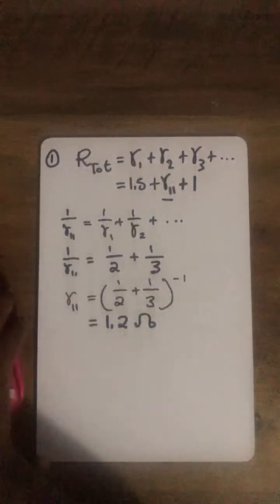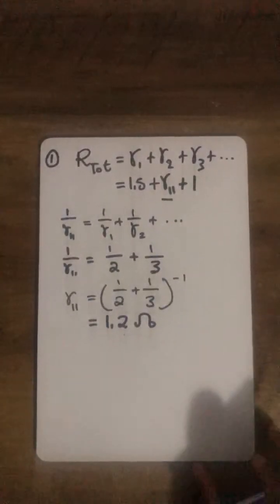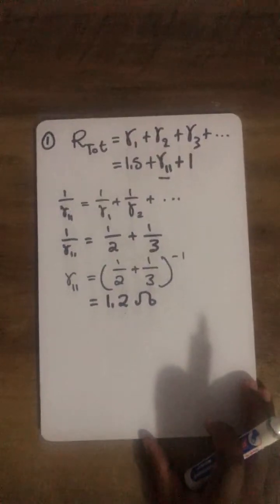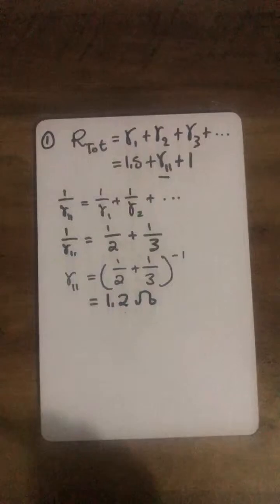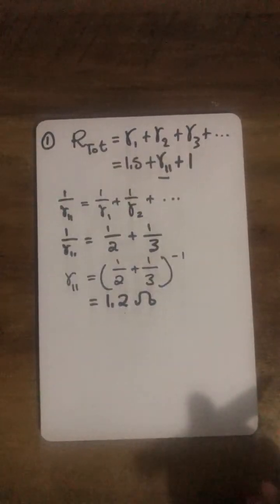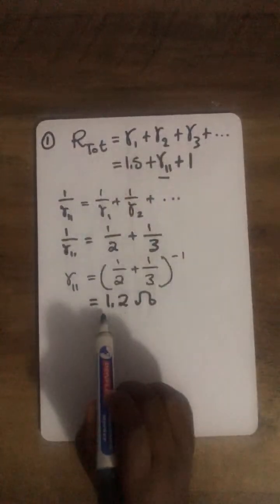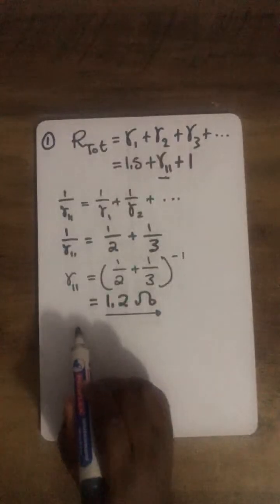Remember to say ohms, so that it indicates that the final answer we got is the resistor or the resistors that we were calculating. So now we've got this answer that we can substitute there.